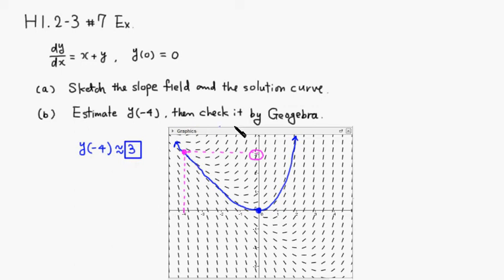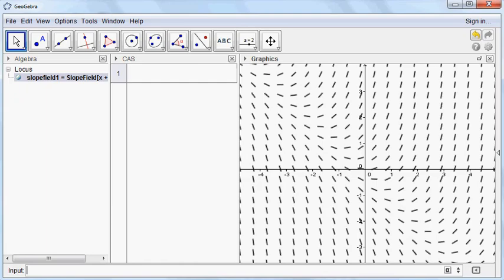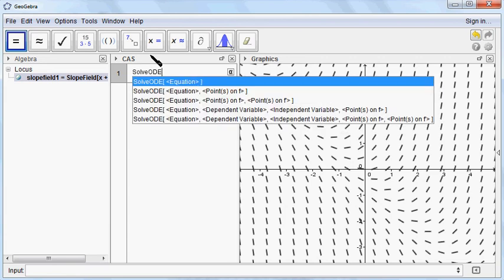Then we want to check it with GeoGebra. So let's bring out GeoGebra again. All right. Then I'm going to go ahead and solve differential equations. So here I'm going to type in solve ODE, right? So I choose that.